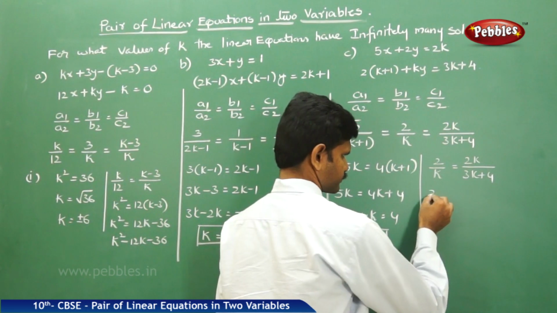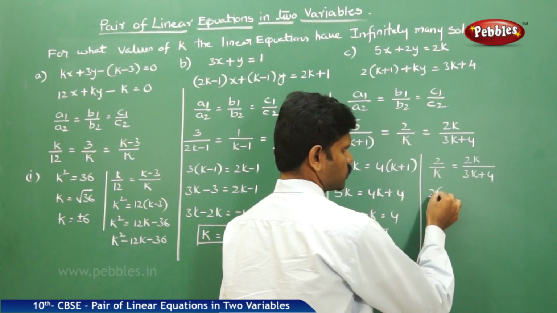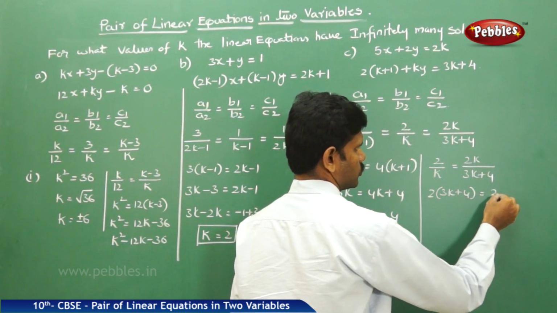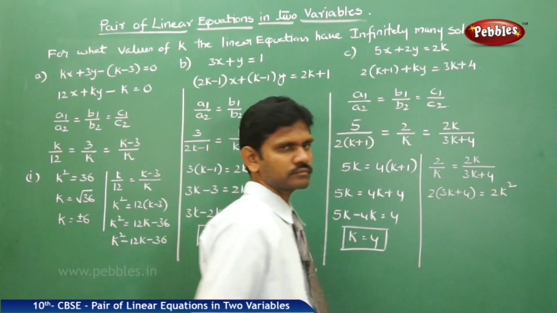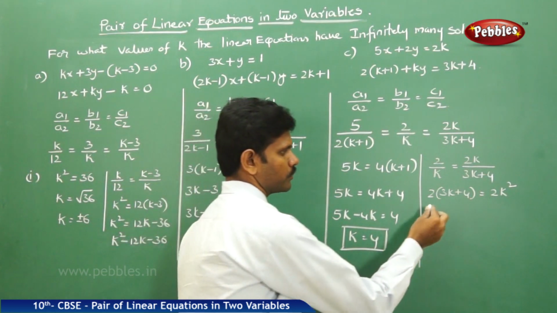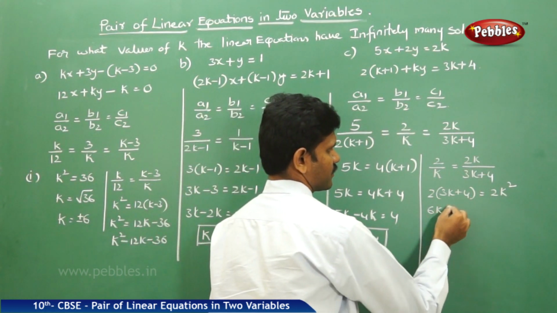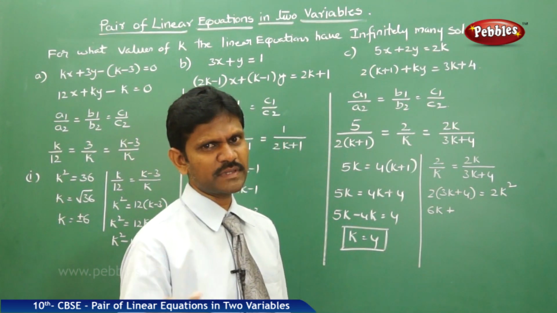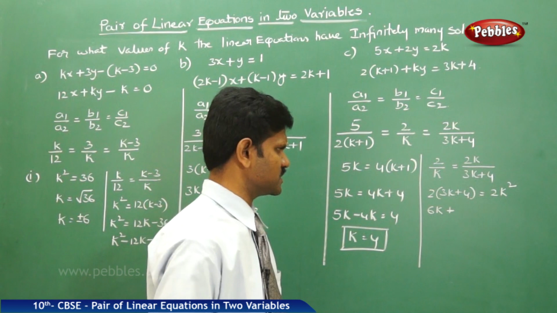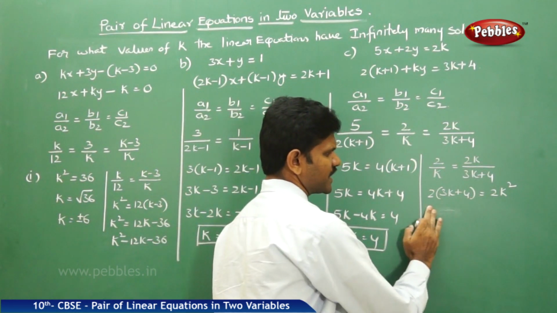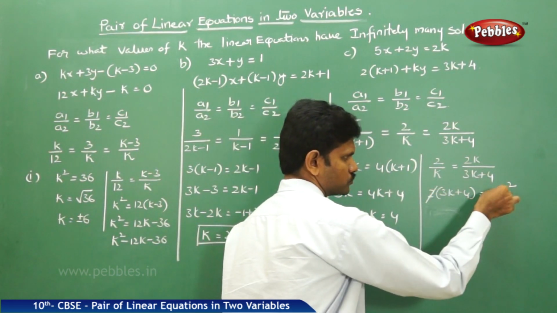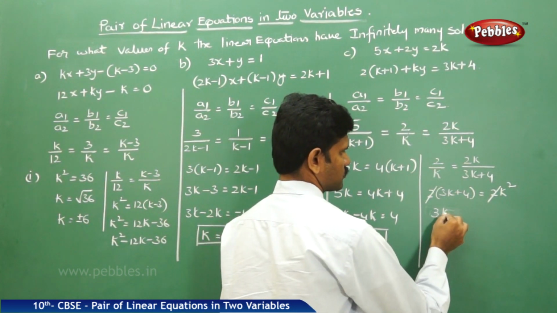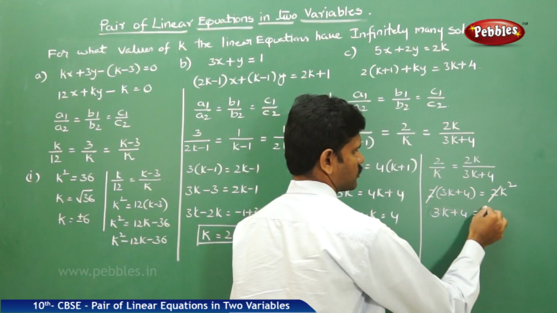That is, 2 by K is equal to 2K by 3K plus 4. Now cross multiply, 2 times 3K plus 4 is equal to 2K square. Or else we can do it by a shortcut method also. This is also very simple for us. In both sides you can cancel 2, then write the remaining part, 3K plus 4 is equal to K square.